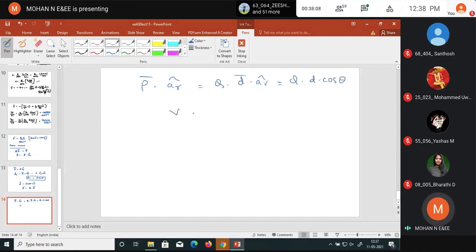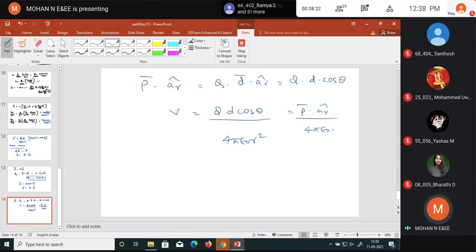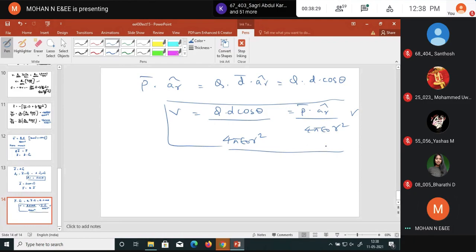But we know that V is equal to Q D cos θ divided by 4πε₀ R². It is nothing but P vector dot A_R cap divided by 4πε₀ R² volts. So this is the potential in terms of the dipole moment.